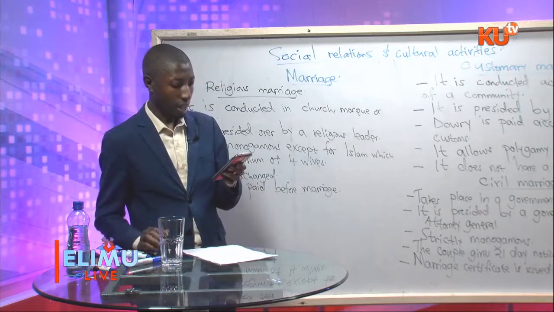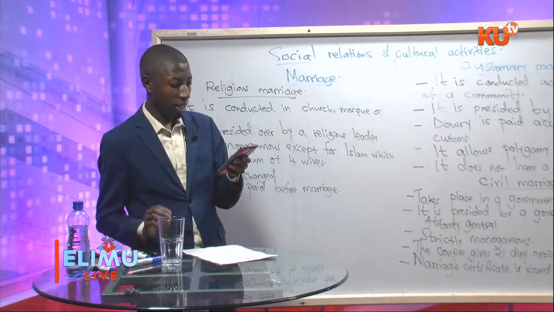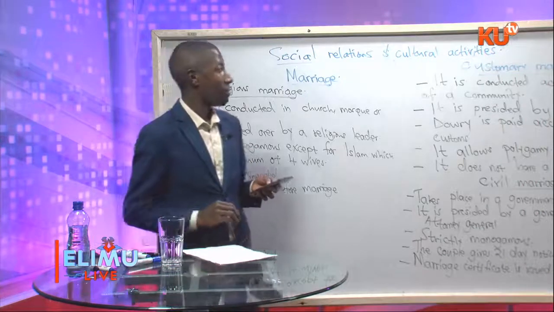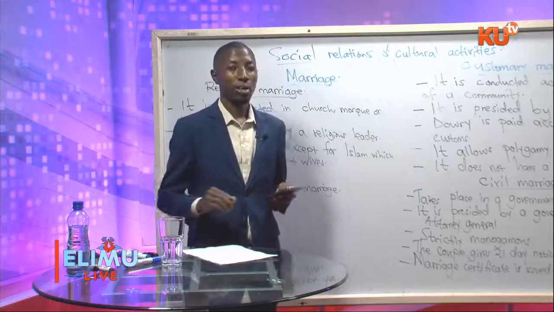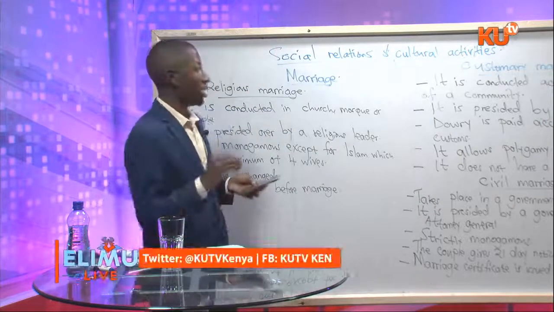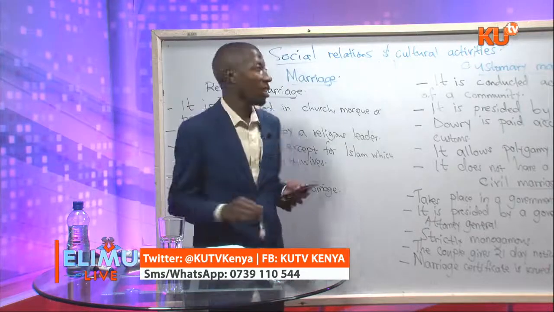Ken Peter is asking, when you marry two wives, as you said, will you give the dowry to the different parents in customary marriage? Yes. That's why I said as many as you can afford. If you can afford to pay bride price and keep two, you marry two in customary marriage. If you can afford 20, you marry 20.